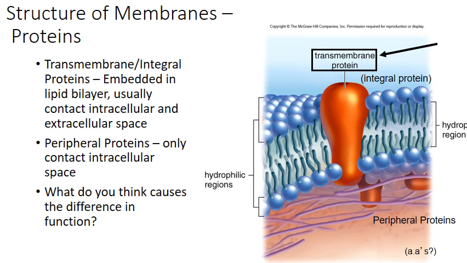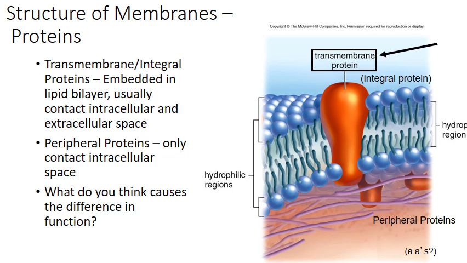What do you think would cause this difference in function? Why are some proteins going to span the entire plasma membrane, and some just one side? Some proteins have non-polar molecules attached on one end.